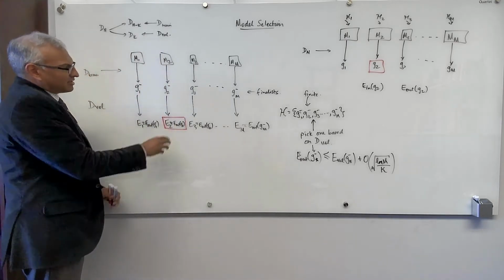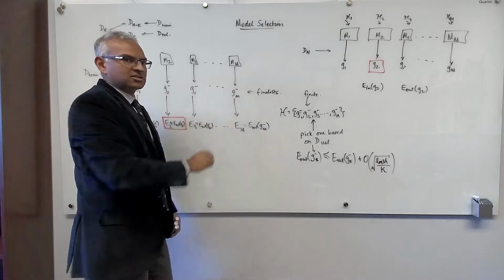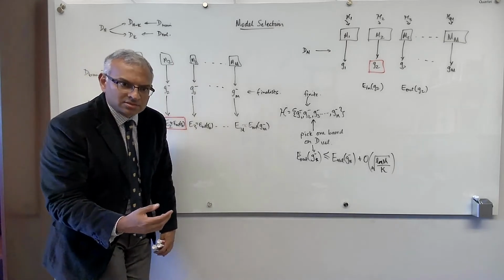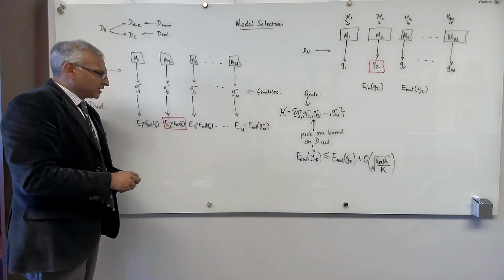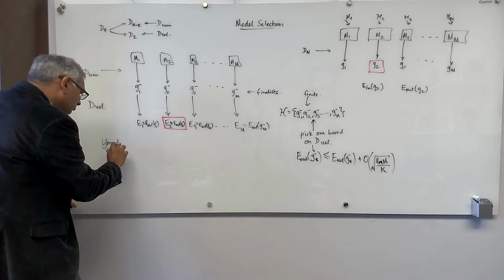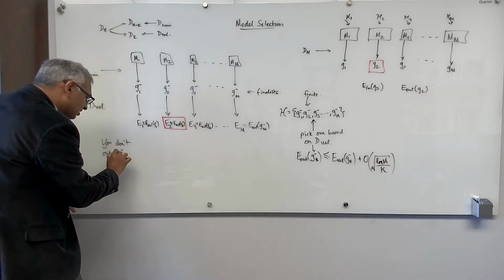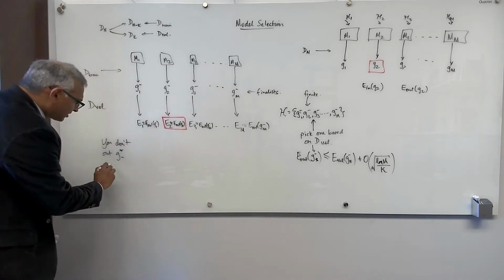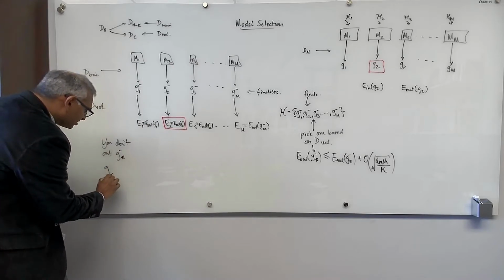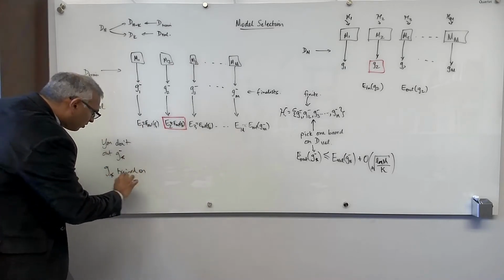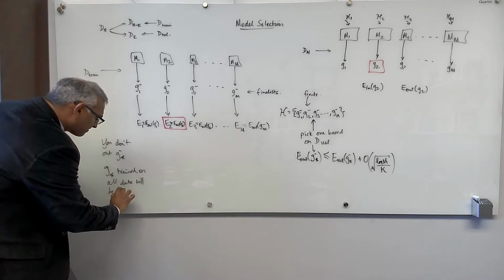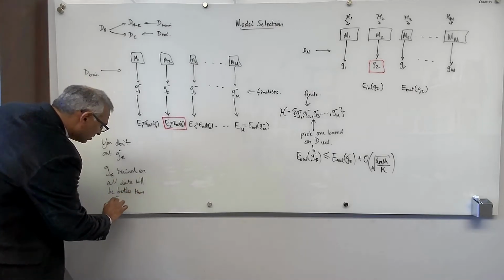You're making a leap of faith that the model which had the best deficient hypothesis will also produce the best final hypothesis, because just as we talked about restoring the data set, you don't output g star minus, because it's always going to be the case that g star trained on all data will be better than g star minus.